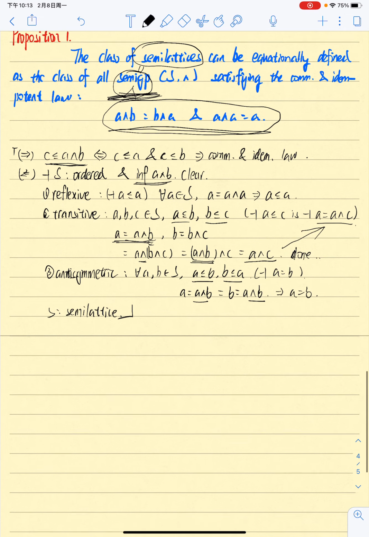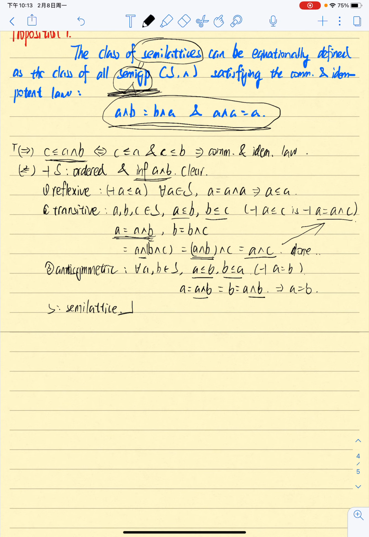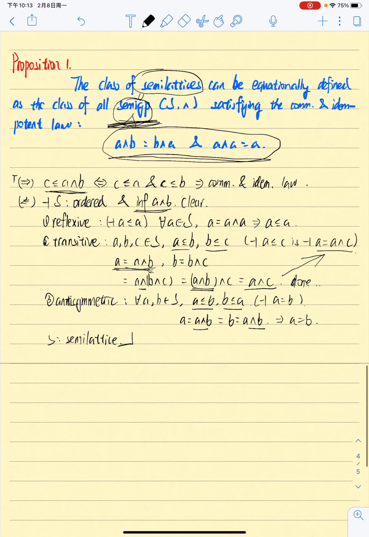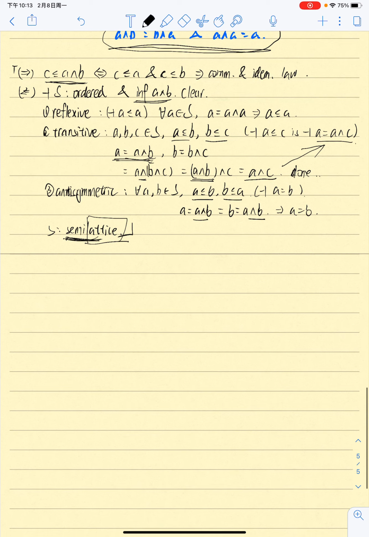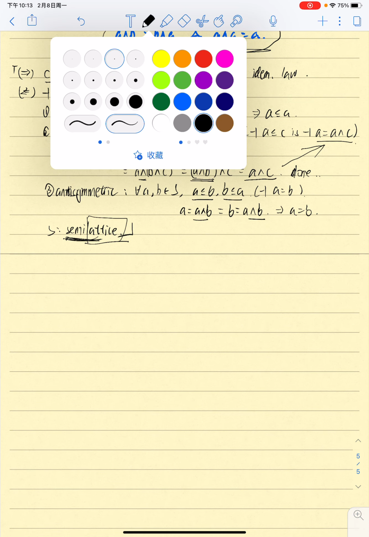And let us define some other definitions. Okay, see this semi-lattice. So here there must be a lattice, just like semigroup and group. Okay, let us define this.